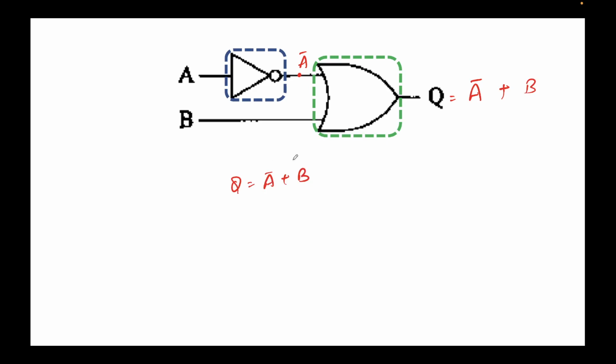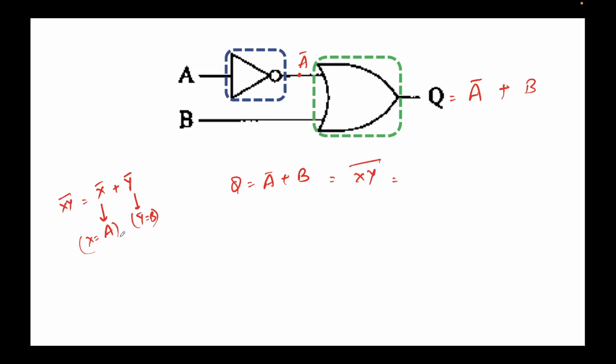And now we can apply De Morgan's law here. De Morgan's law goes something like this: x y whole bar equal to x bar plus y bar. So if I replace x bar as a, while y bar can be written as b, now you can see this takes this form, a bar plus b. So I can write this as x y whole bar.